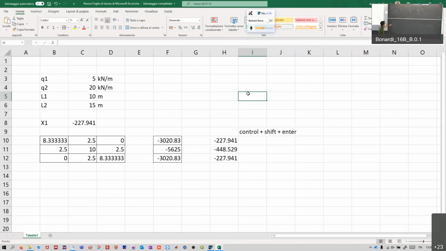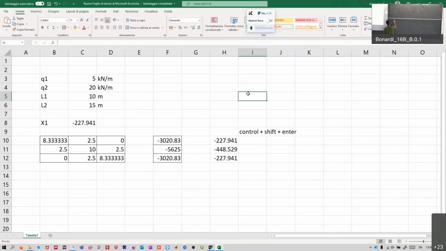So a very good way to proceed in this case is to use bending moment, equilibrium to rotation. So we consider only the beam AC.